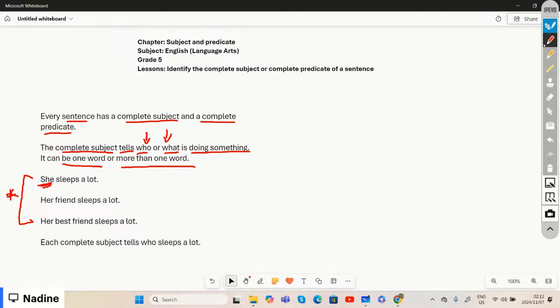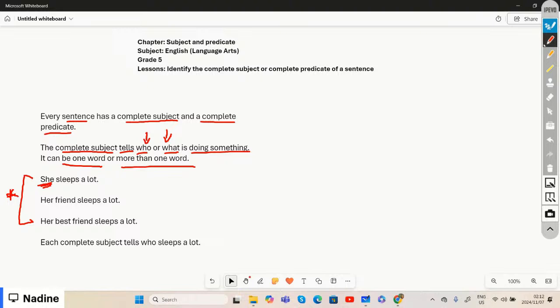You're welcome. If we look at the next sentence, it can either be one word or more than one word. We need to say who or what is doing something. It says here, her best friend sleeps a lot.